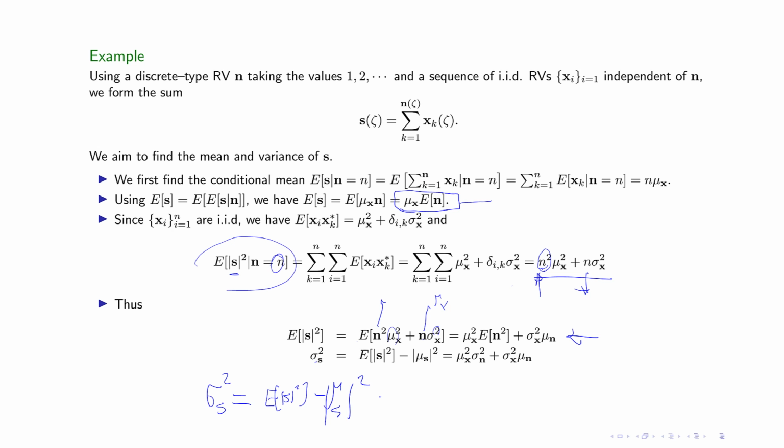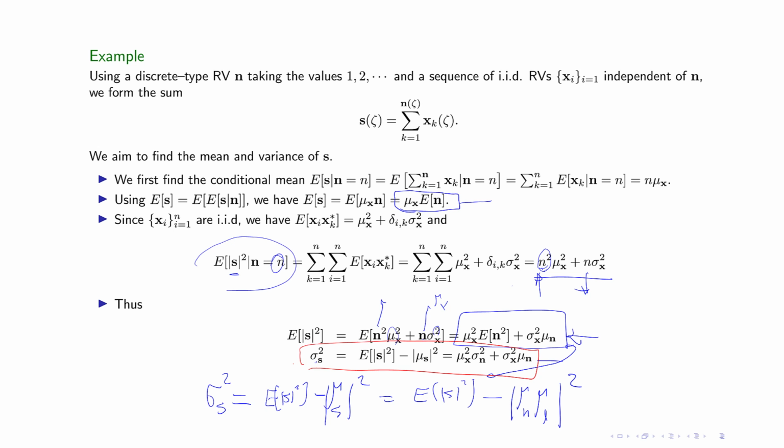So this gives you the mean of s to the power of 2, which is calculated here, and then minus the absolute value of mu n mu x to the power of 2. So you simplify it, and then you get this result. It's kind of you substitute one into another one.